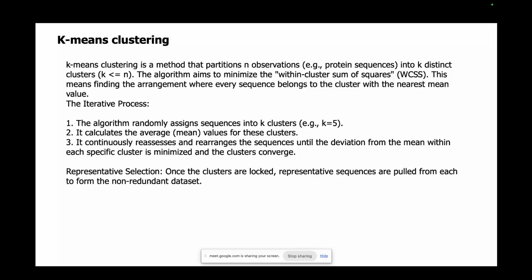So if a particular protein actually is, say for example, let me do it like this. Right.